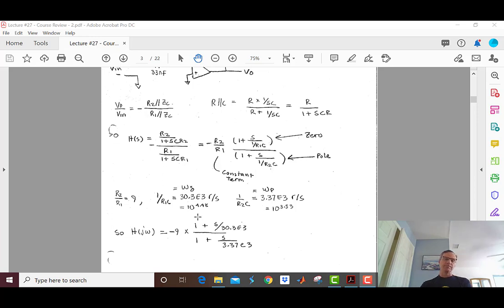Or in other words, 10 to the 4.48 is 30.3 times 10 to the third. So on my logarithmic x-axis, I'm at about 4.5 units, and that's an easy place to plot. Similarly, for the pole, when I take my base 10 log, I get 3.5. So it's exactly halfway between 10 to the third and 10 to the fourth.